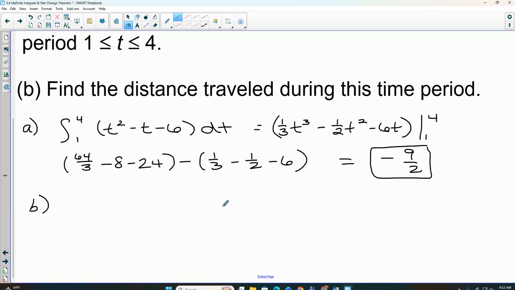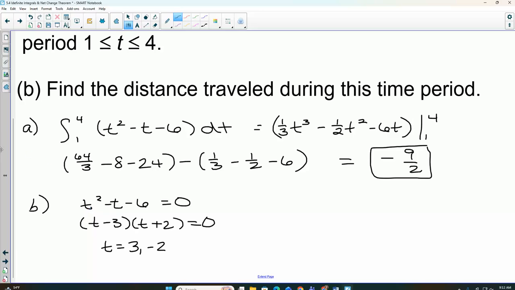So B, the distance traveled. First, we need to figure out where this is equal to 0. So if we factor, we get 3 and -2. Now, can time be negative?